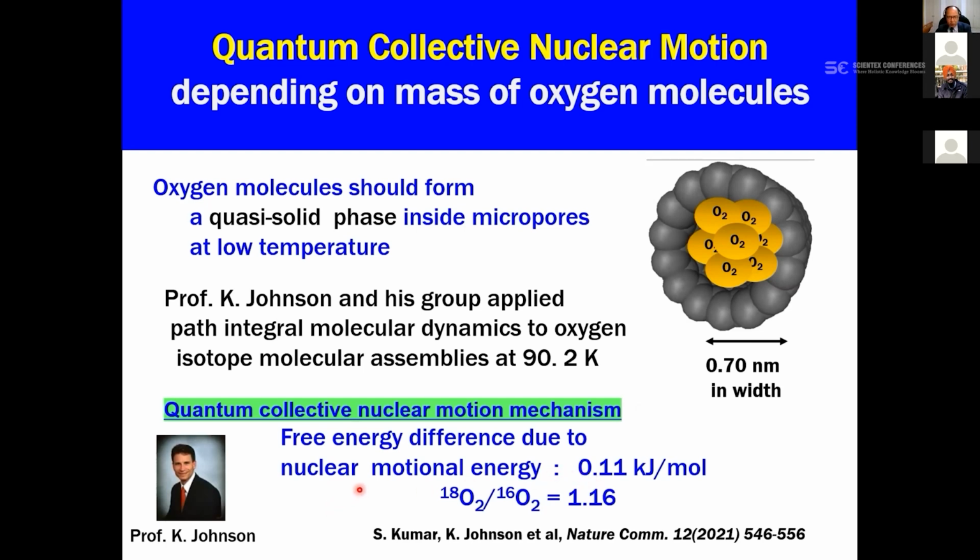So this nuclear motional energy difference is 0.11 kilojoule per mole, and argon 18 selectivity is 1.16. This is very important.